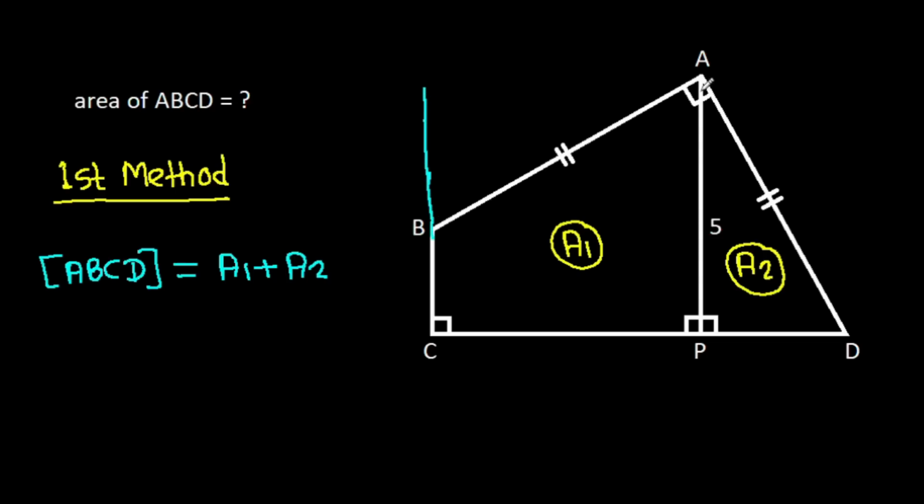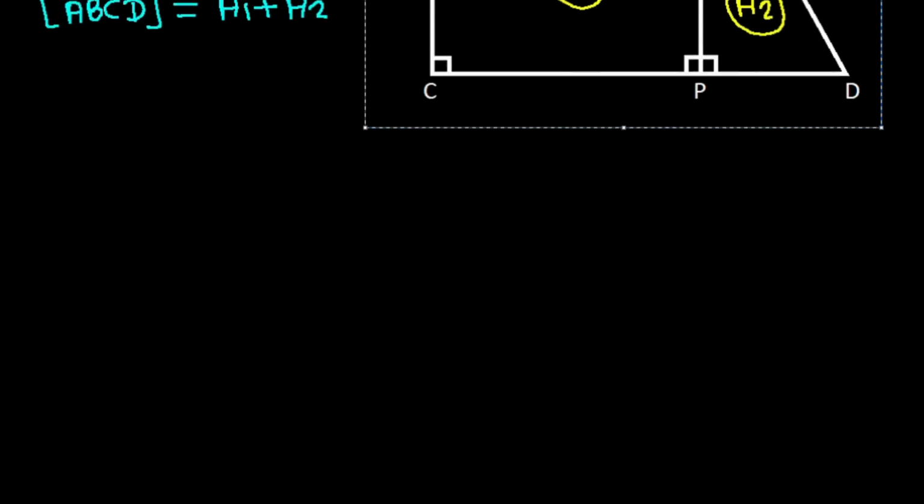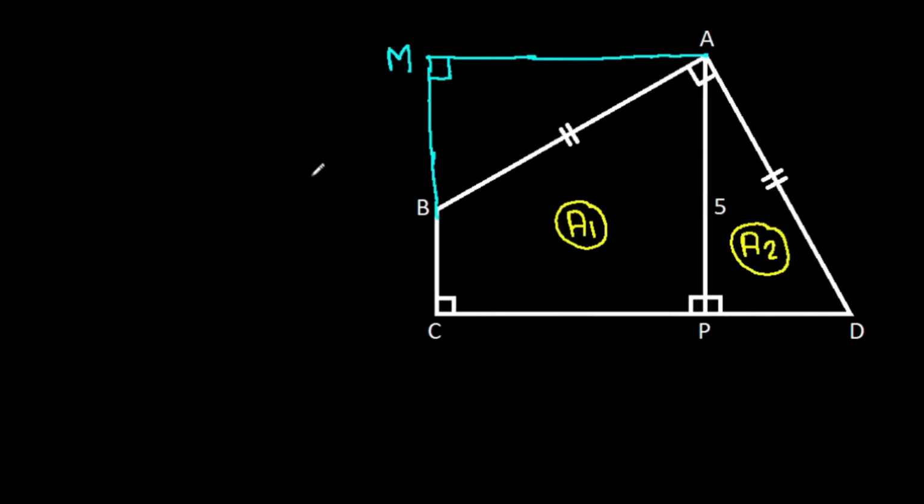and from point A, if we make a perpendicular on CB, suppose this point is M, then if this angle is alpha, then we have angle BAD is 90 degrees.